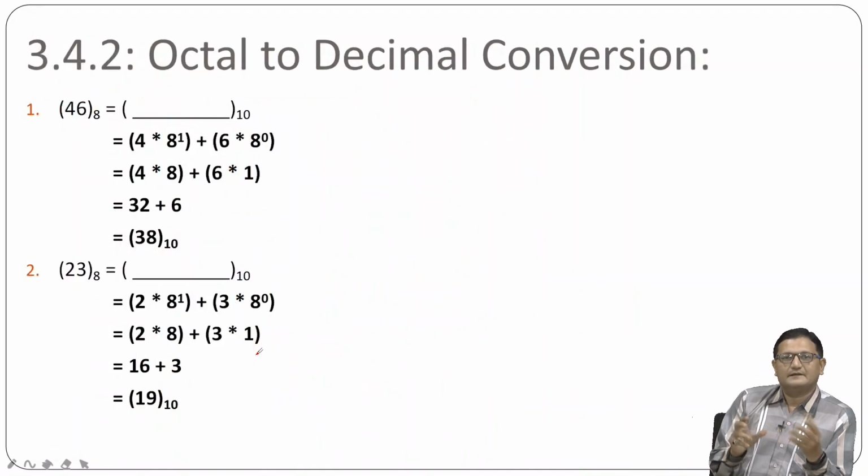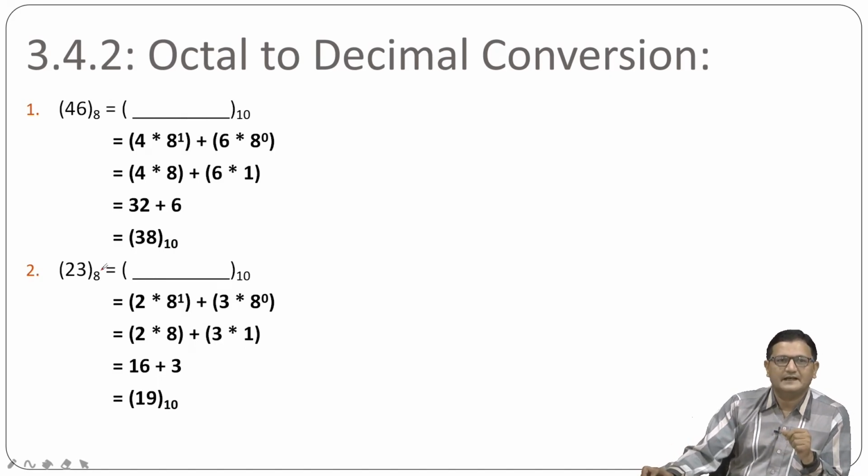Now suppose the reverse thing is there, right? Suppose somebody has given a number like 46, and you can see the base is 8, meaning the 46 is given as an octal number. Make sure whenever an octal number is given to you, 8 and 9 will not be there, right? So here the base 8 denotes that 46 is an octal number.